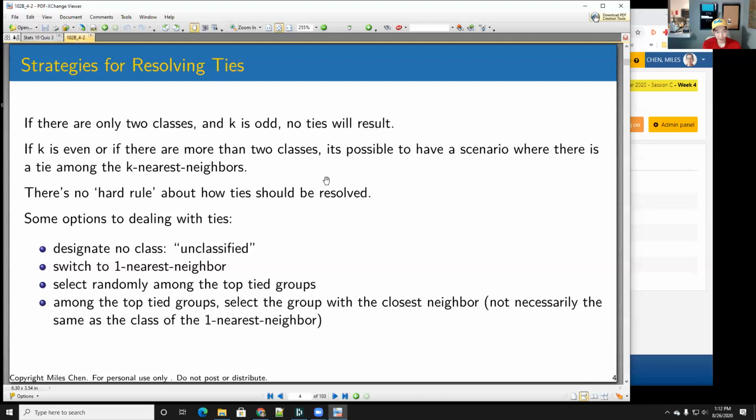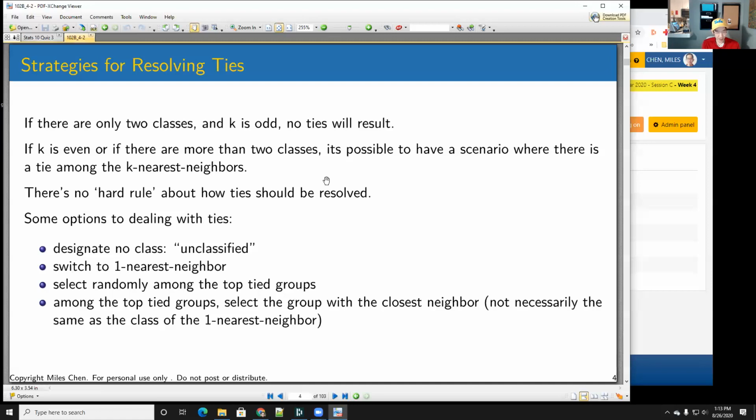One solution is, if you end up with a tie, you just say this is unclassified. You don't pick an answer. Another option is to switch to one nearest neighbor for resolving a tie. When you switch to one nearest neighbor, you will almost never get a tie.